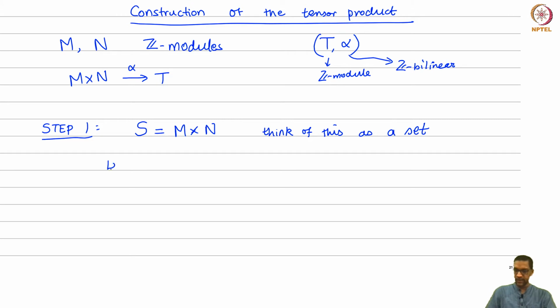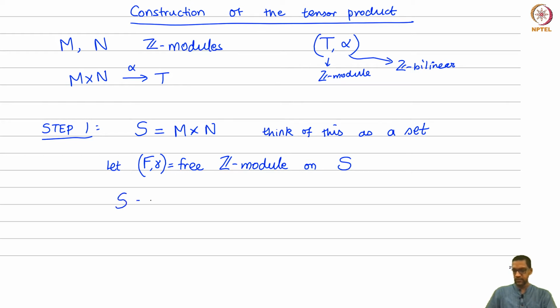And let's define F to be the free abelian group, or free Z module, on this set S. In fact, if you recall, the free Z module was actually a pair, F, gamma. So how did we define the free module?